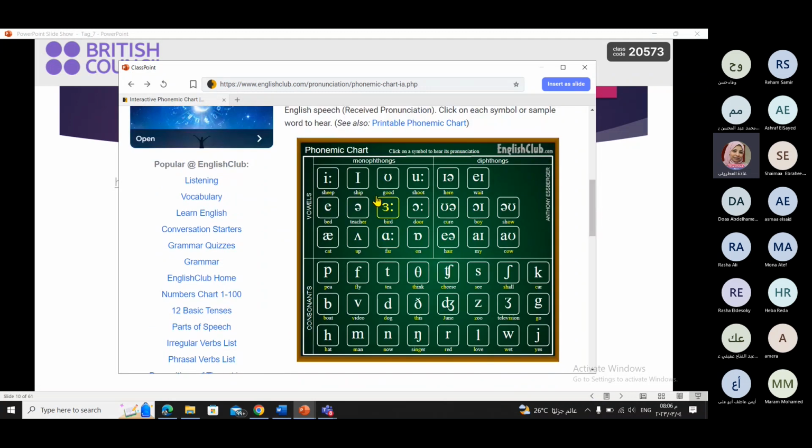We have the monophthongs, or single vowels, and we have the diphthongs, when two vowels are strung together to make one sound. Two vowels together make what we call a diphthong. And also we have the consonants. Some of them are voiced, some are voiceless.